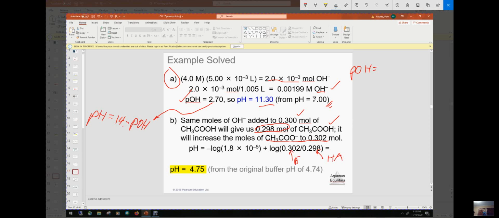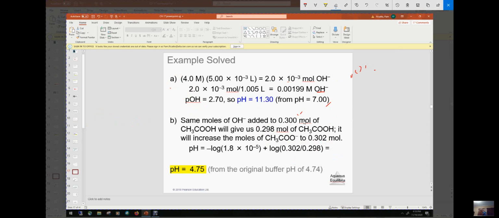Let me erase a little bit over here. Right? We want to be careful. I don't like this plugging in moles like they do. Okay? I would have taken the time. You would have got the same answer, but I would have taken the time to put concentrations in. Right?